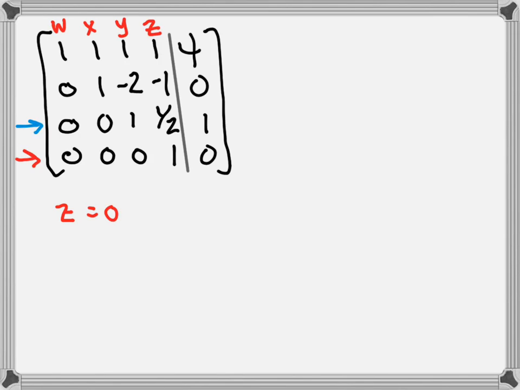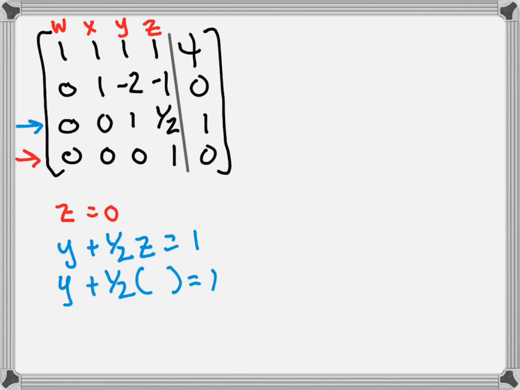And our third row corresponds to the equation 0W plus 0X plus 1Y plus 1/2 Z equals 1, or Y plus 1/2 Z equals 1. And we will take this and substitute 0 in for Z. So Y plus 1/2 times 0 equals 1, or Y equals 1.